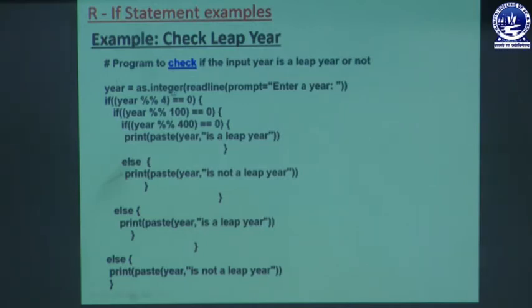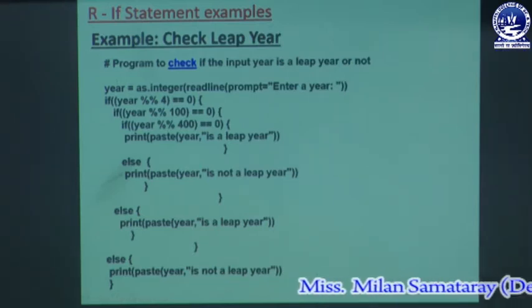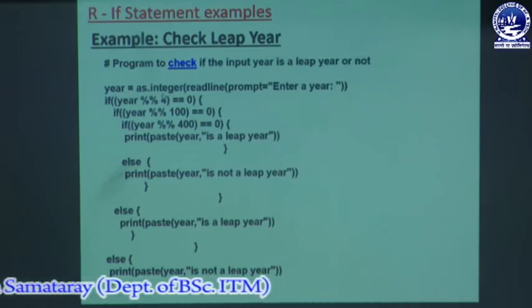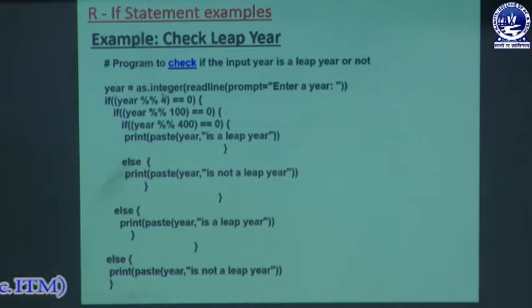The as.integer function is used to change the format of the input to an integer value. So directly or indirectly you can write y equals readline prompt enter a year, meaning whatever input we enter will be stored in the vector y, and then you write year equals as.integer within parentheses y. That will give the same result as this line.